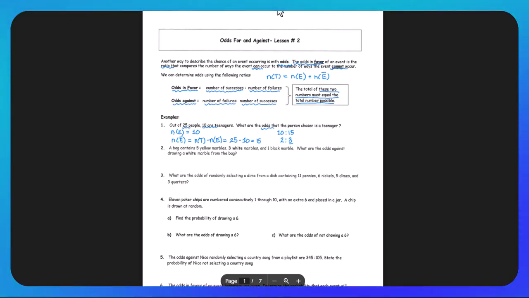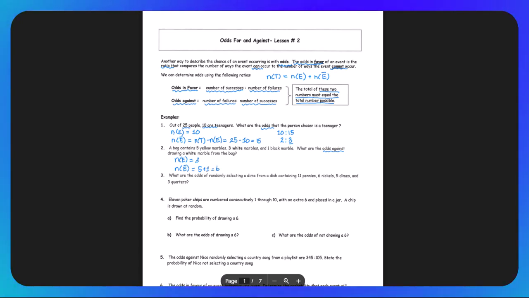Well, let's look at example 2. A bag contains 5 yellow marbles, 3 white marbles, and 1 black marble. What are the odds against drawing a white marble from the bag? To figure out the odds against, we need to know the number of ways there can be a white marble and the number of ways where there can't be a white marble. The number of ways for a white marble is 3, and the number of ways for not a white marble, E bar, is 5 plus 1, which is 6.